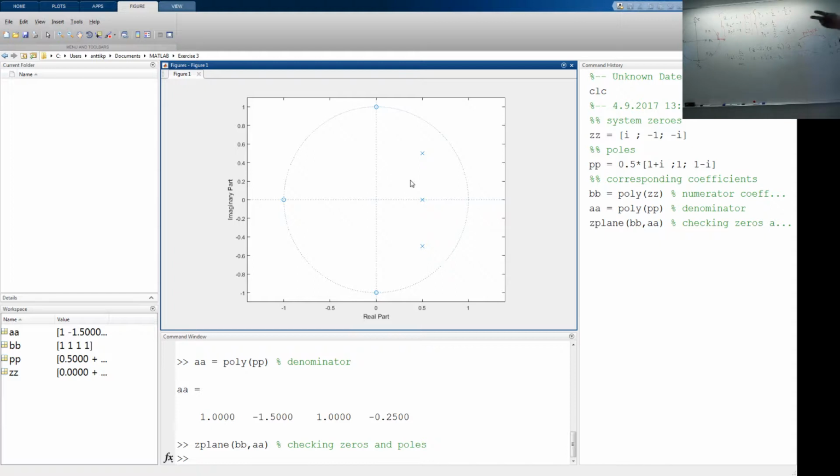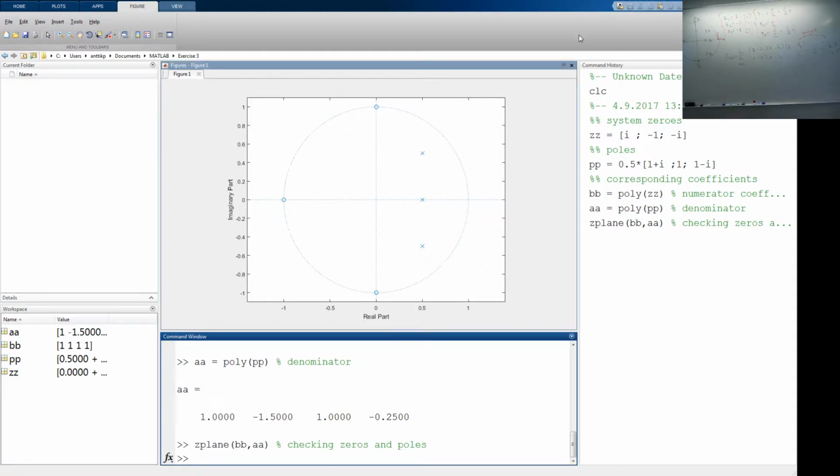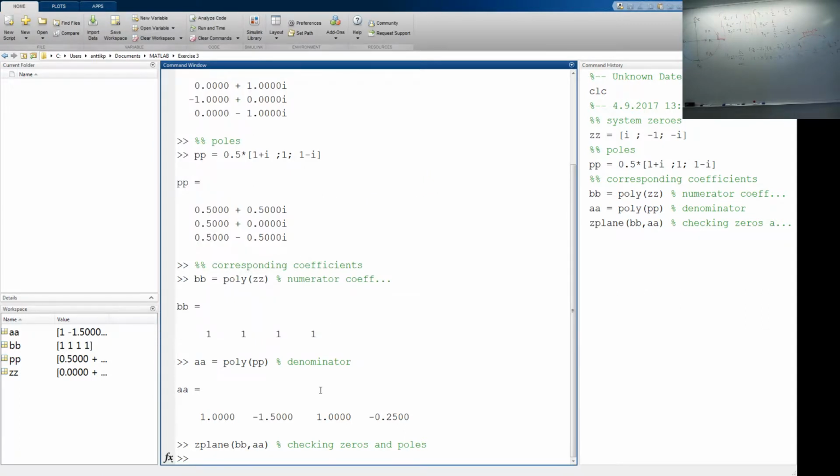Looks even better than I draw there, which is almost impossible, but okay. Then another one, maybe we could be interested in the frequency response. Okay, frequency response in here is freqz.